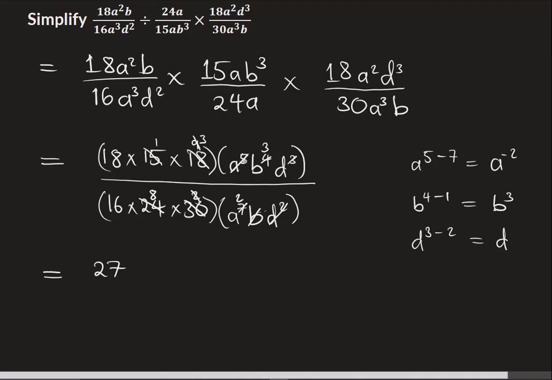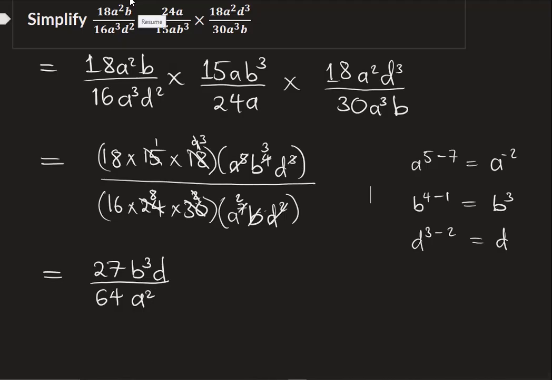So we have a b to the power 3 and a d. In our denominator we have 64, we have a raised to the power 2.